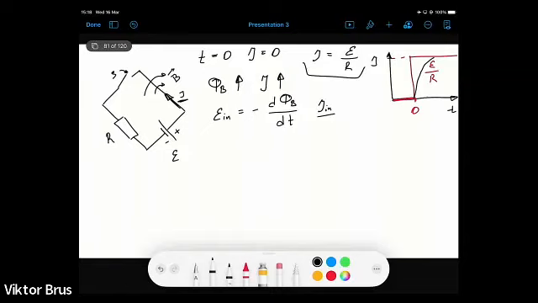This current creates some time-dependent magnetic field, and it's changing. This changing magnetic field creates changing magnetic field flux. In its turn, changing magnetic field flux over time induces currents in the same circuit in order to keep the magnetic field flux constant, opposing the initial change of electric current.